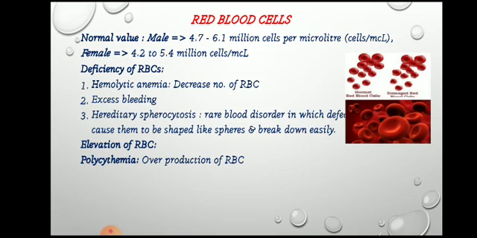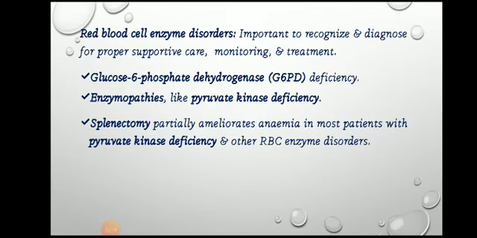The condition is called polycythemia, an overproduction of RBCs. Then further, the RBC problems called red blood cell enzyme disorders are important to recognize and diagnose for proper supportive care, monitoring and treatment.